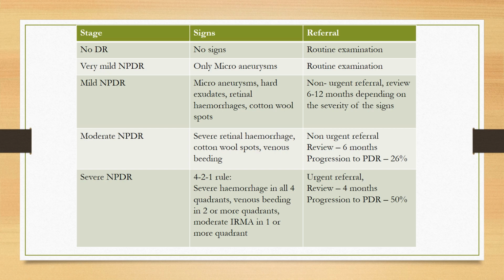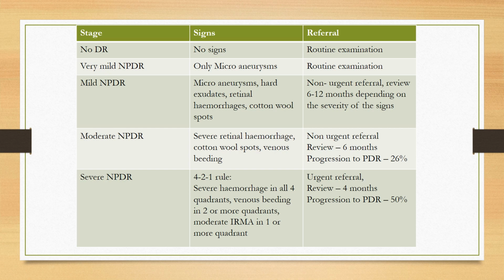Then moderate non-proliferative diabetic retinopathy is classified based on signs of severe retinal hemorrhage, and again they will have cotton wool spots and venous beading. In moderate NPDR you can have a non-urgent referral, but again you should review every 6 months. In severe non-proliferative diabetic retinopathy, you will have severe hemorrhages.